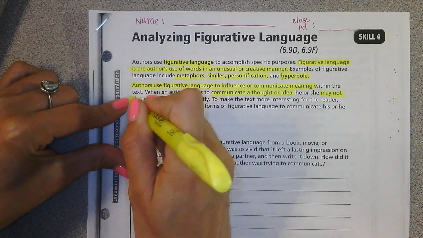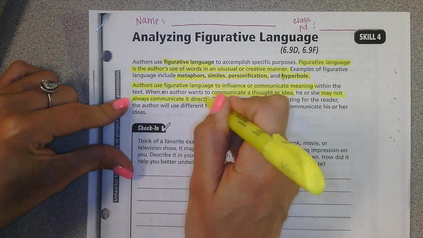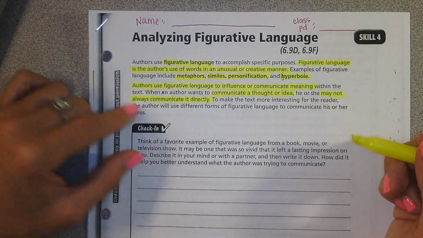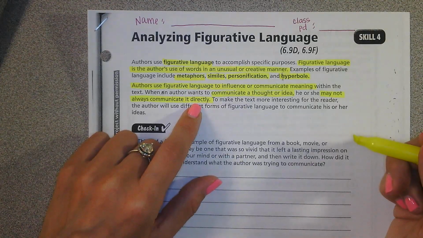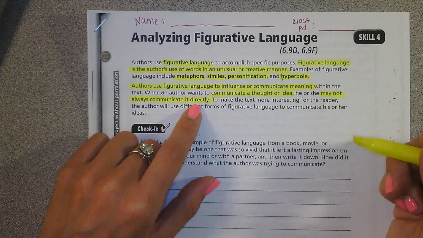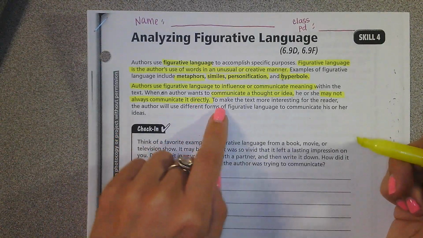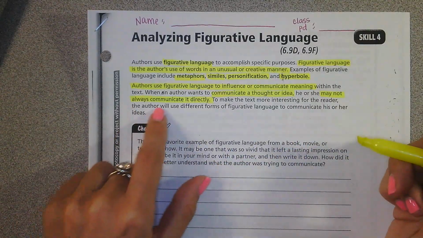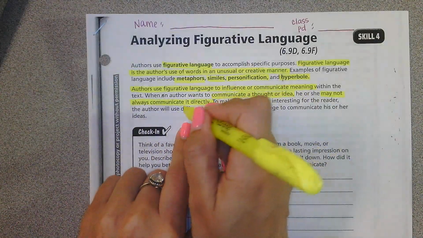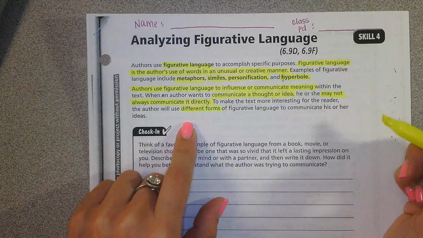That is a huge part of figurative language when someone is trying to say something indirectly, meaning that they're not saying it directly. They're saying it in a specific or sarcastic way sometimes. To make the text more interesting for the reader, the author will use different forms of figurative language to communicate his or her ideas.